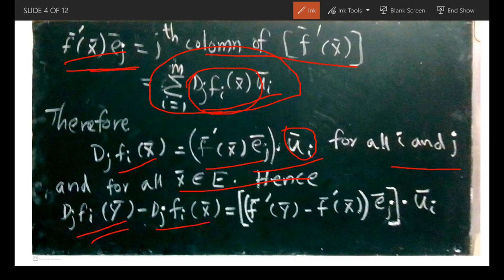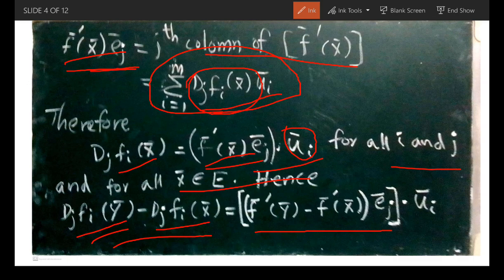So when you compute Dj fi of y, I will get f'(y) ej inner product with ui. When you compute this difference, by the property that inner product is distributive over sum or difference, you will get f'(y) ej minus f'(x) ej, inner product with ui.